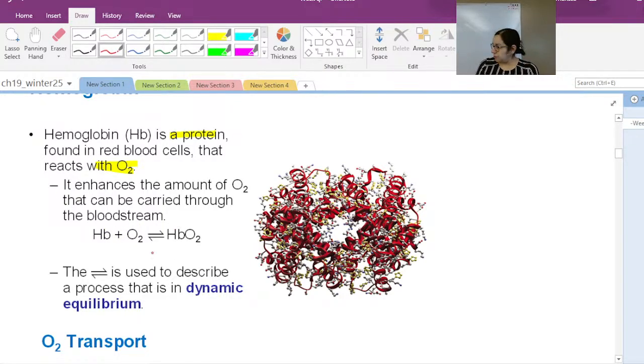So our equilibrium arrow shows that it can go back and forth depending on the conditions. Oxygen is released in your limbs, and then the hemoglobin cycles back to your lungs.